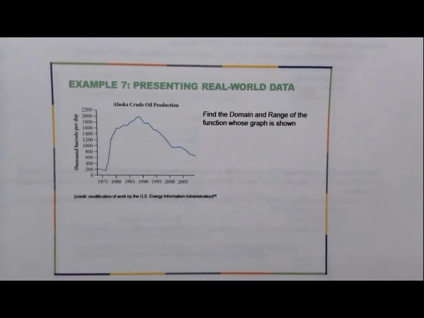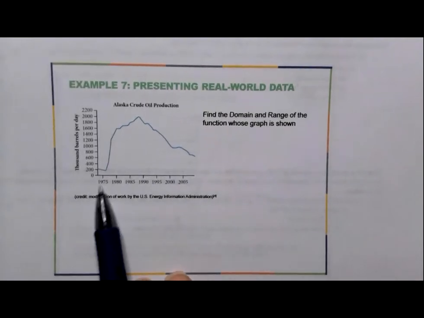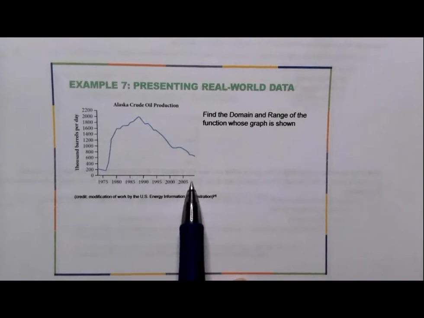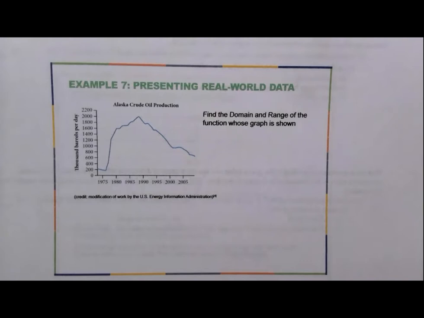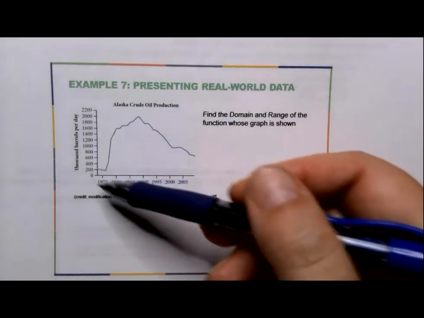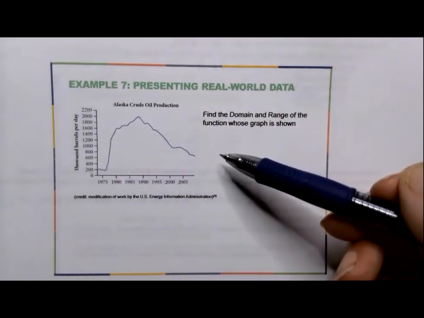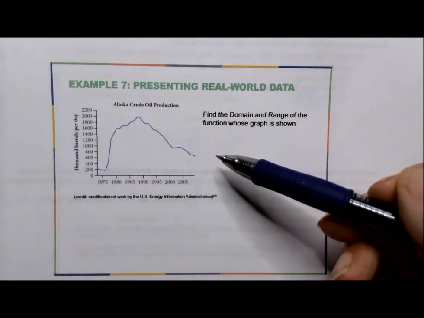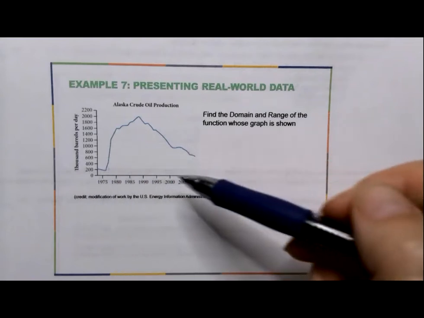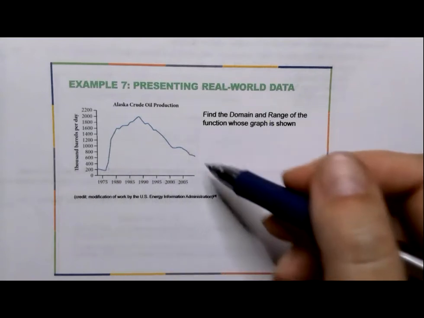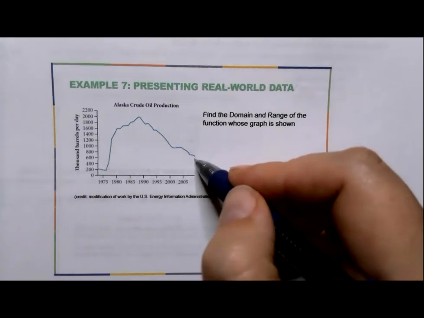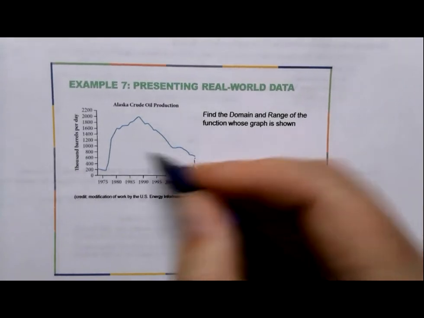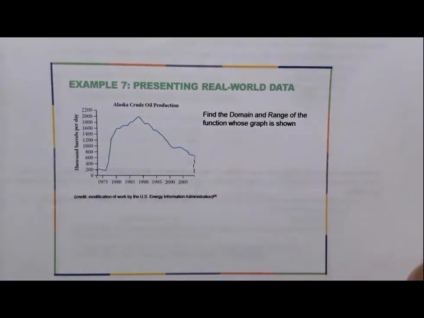Of course, the oil production was going on before 1975 and after 2005 as well. However, this is the only information that we have available to us. So we're not going to extrapolate beyond the points or the years that we have.